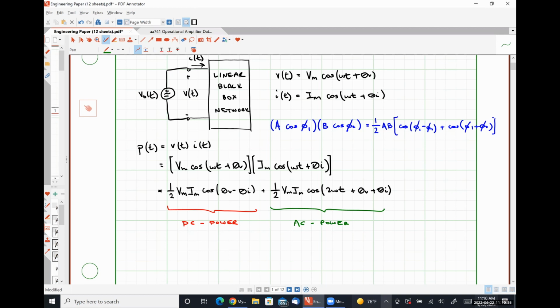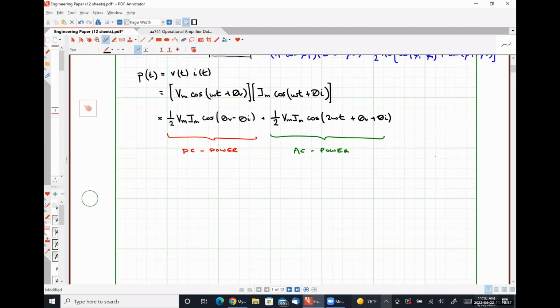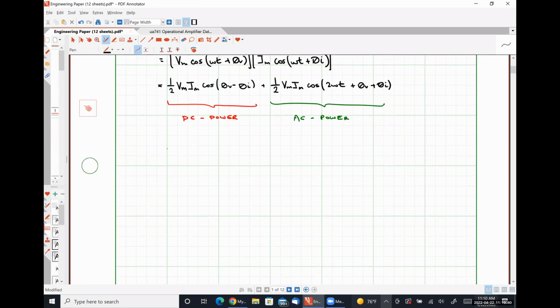So graphically, what that might look like would be something like this. I'm just arbitrarily going to give the power a phase angle of 0 degrees to make it easier for me to draw. But we could shift it to the right or to the left as is necessary. And actually, let's scooch this down. So here's time.